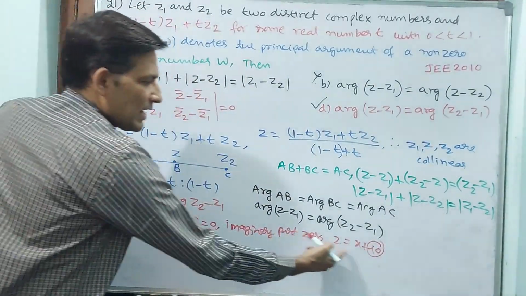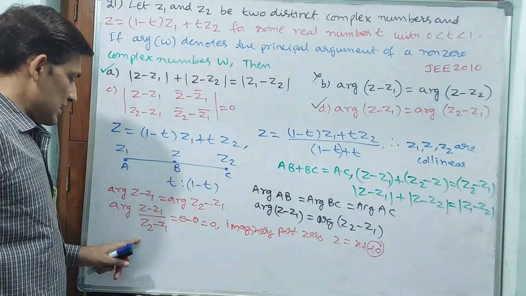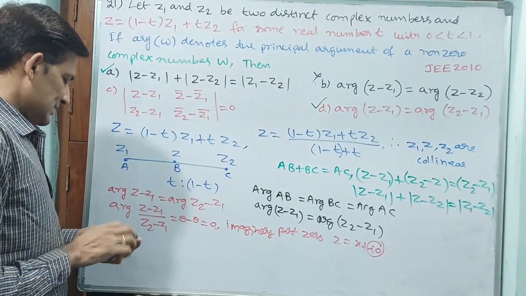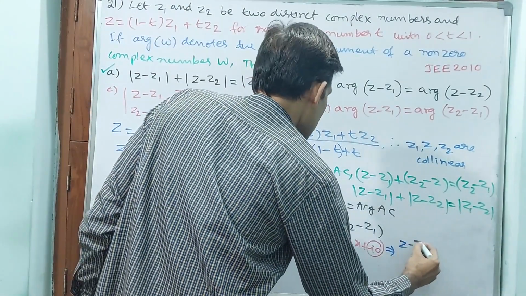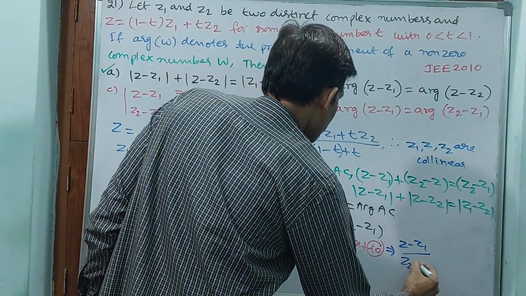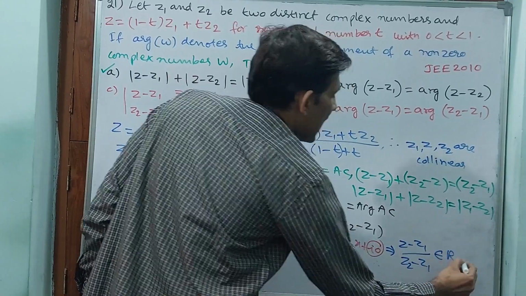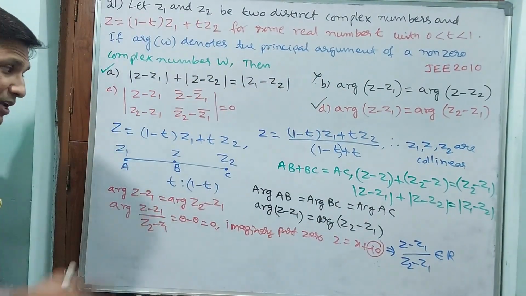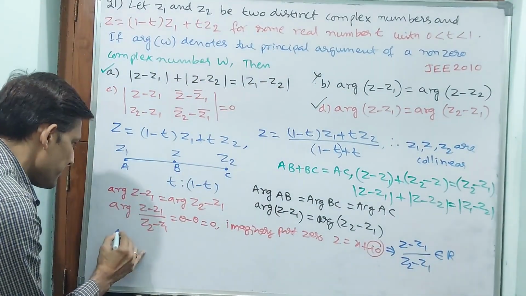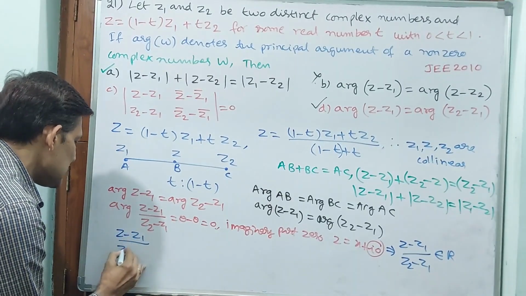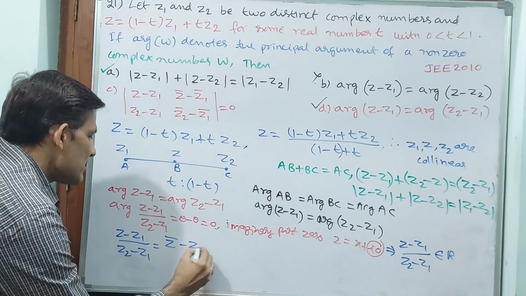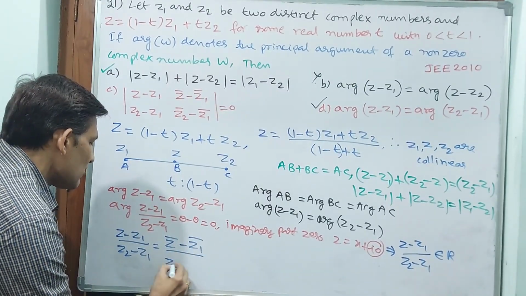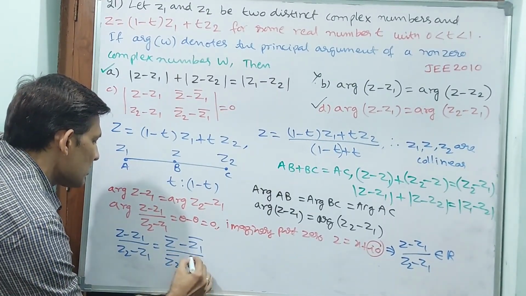Only a real number. When it is a real number, automatically this implies (z minus z1) by (z2 minus z1) belongs to R, a real number. If that is the case, shall I write like this? (z minus z1) by (z2 minus z1) is equal to (conjugate of z minus conjugate of z1) by (conjugate of z2 minus conjugate of z1).